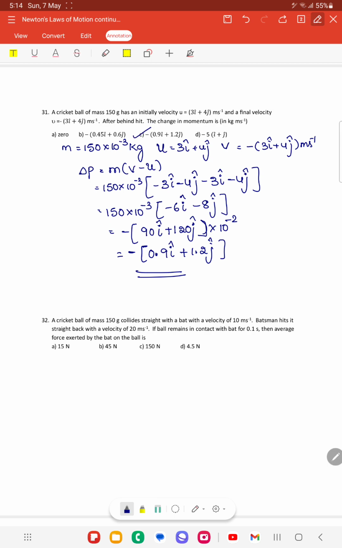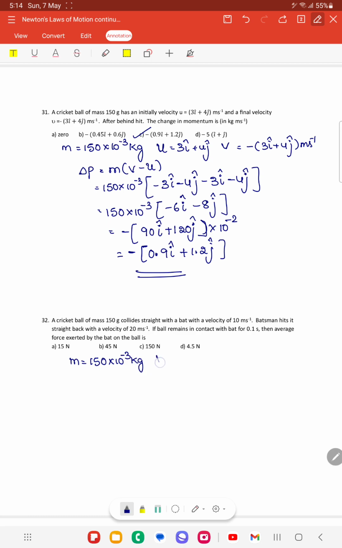Question number 32. A cricket ball of mass 150 gram collides straight with a bat with a velocity of 10 meter per second. The batsman hits it straight back with a velocity of 20 meter per second. If the ball remains in contact for 0.1 second, then the average force exerted by the bat on the ball is? So mass is given as 150 gram, 150 into 10 raised to minus 3 kg.